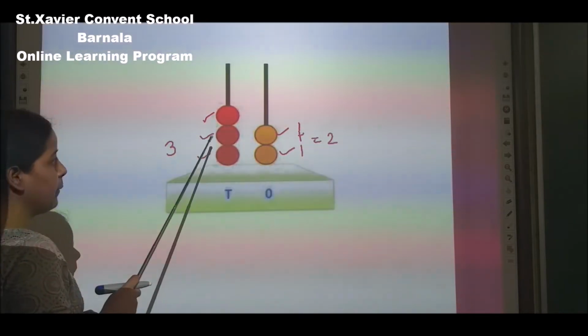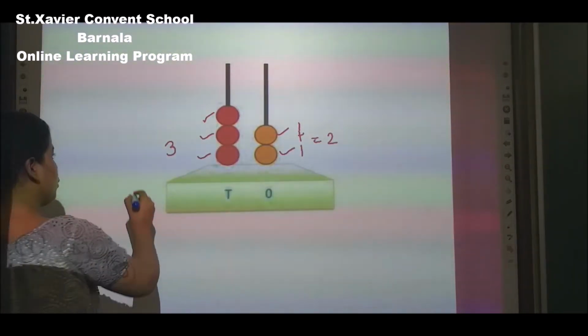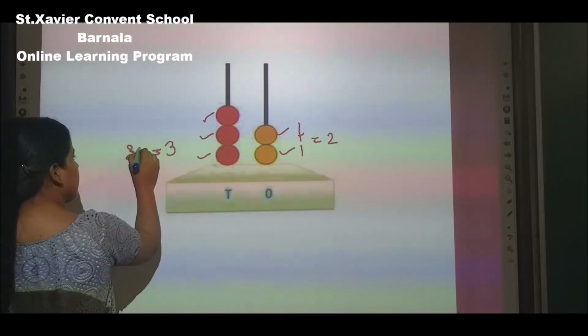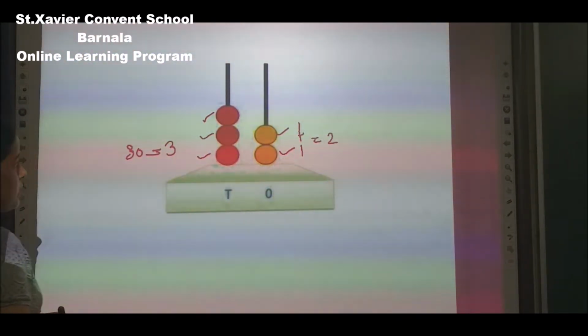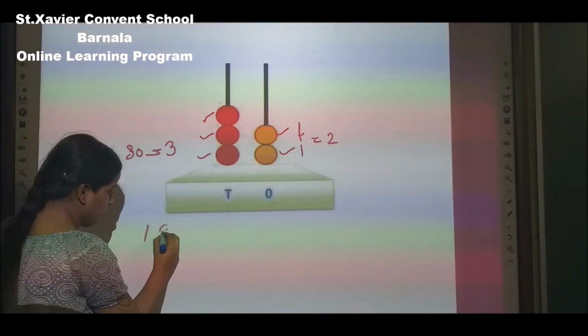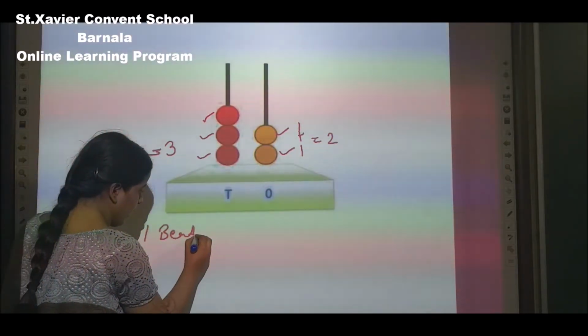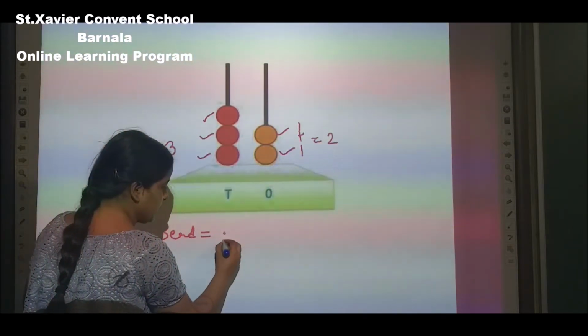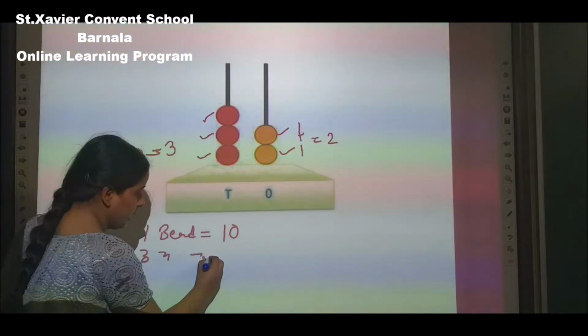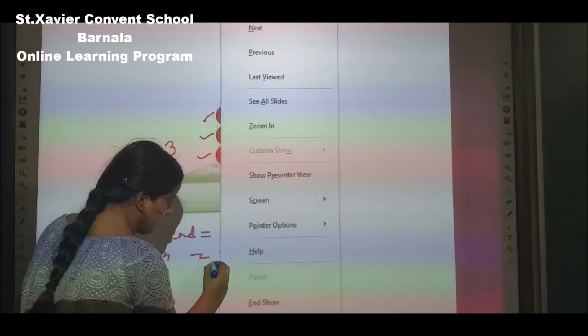So 3 beads at the tens place is equal to 30. As we know that one bead at the tens place represents 10. So 3 beads at the tens place represent 30.